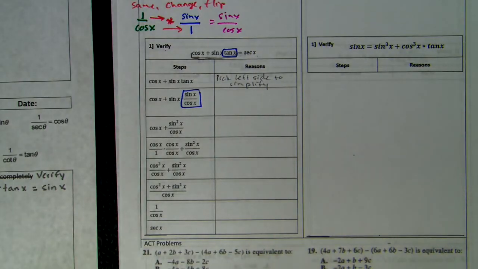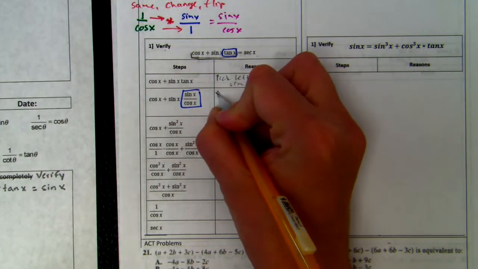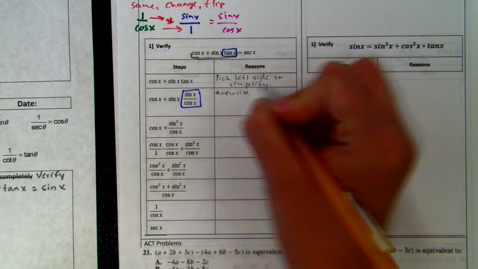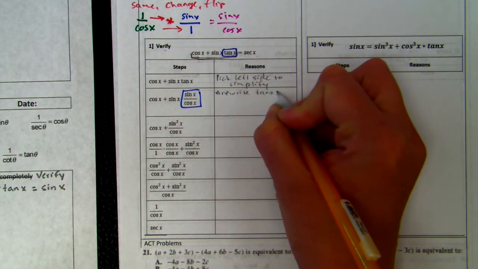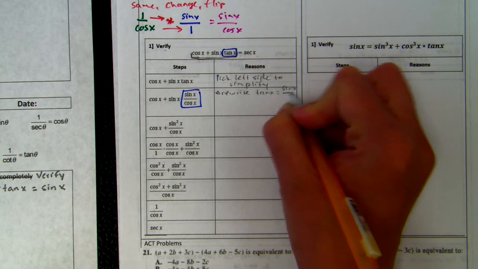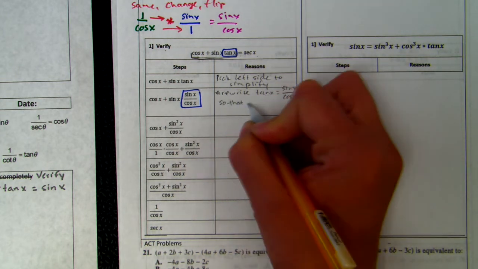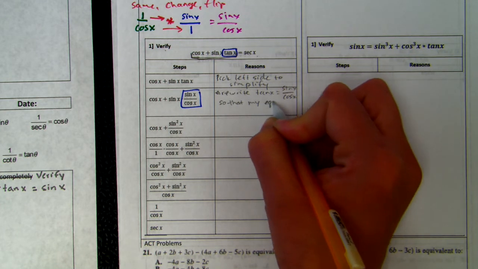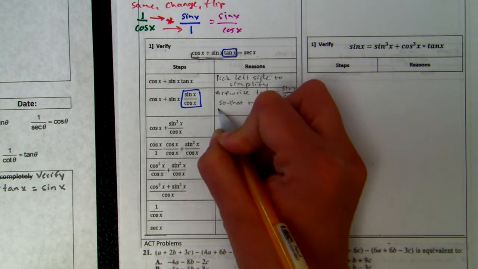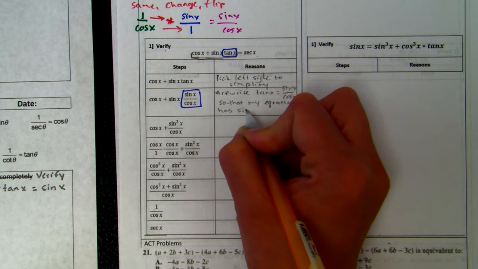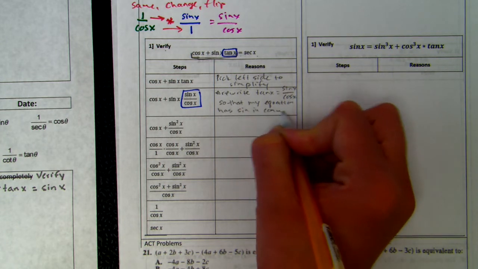The reason that I rewrite tangent of x as sine of x over cosine x is so that my equation has sine in common now.